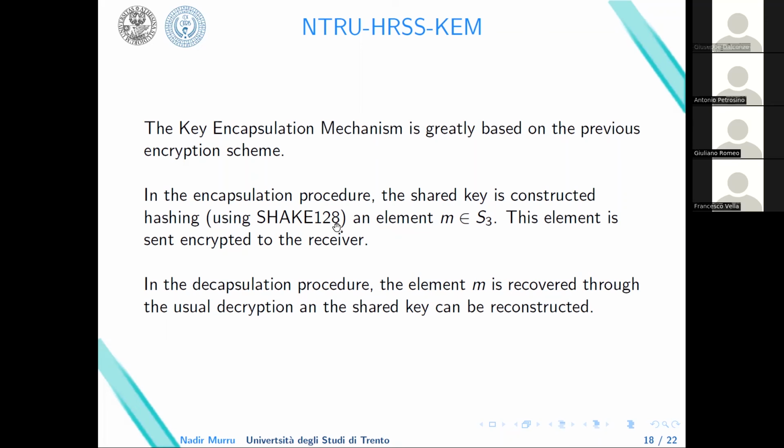And you use this hash function for constructing the shared key. And then you have to choose an element M in S3. So this element is sent encrypted using the previous scheme to the receiver. And the decapsulation procedure for recovering the shared key is obtained by the usual decryption.